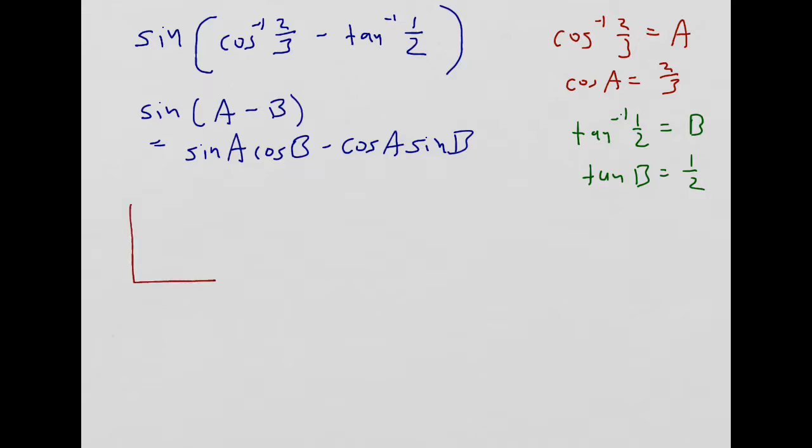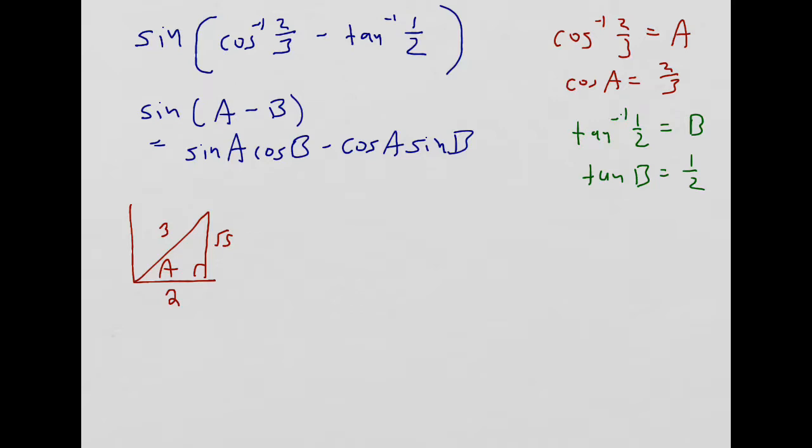So if we draw out this right triangle, and this is angle A, cosine is adjacent over hypotenuse, or you can think of it as x over r. So this side should be 2, and this side should be 3. Using the Pythagorean theorem, we can get the third side: 9 minus 4, which is 5, so radical 5.